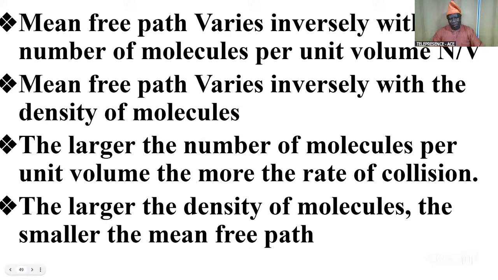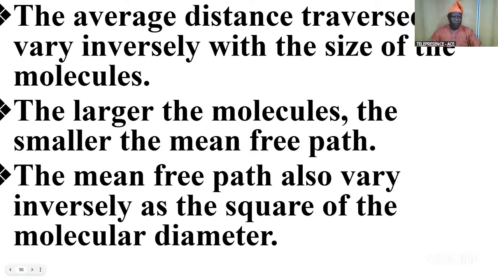The larger the number of molecules, then the more the rate of collision. Then the larger the density of molecules, the smaller the mean free path. So these are the key words you have to note. And I promise you the slide will be available for you.